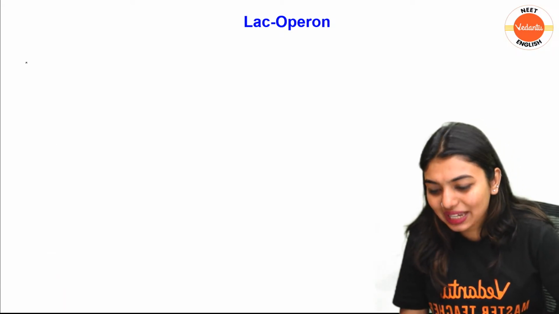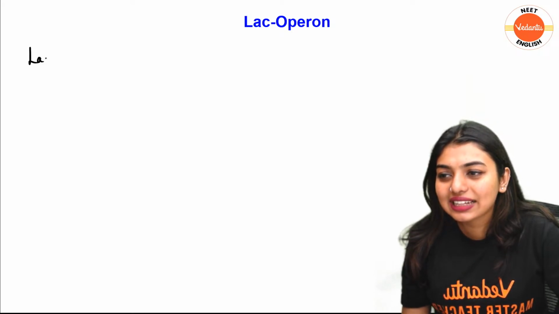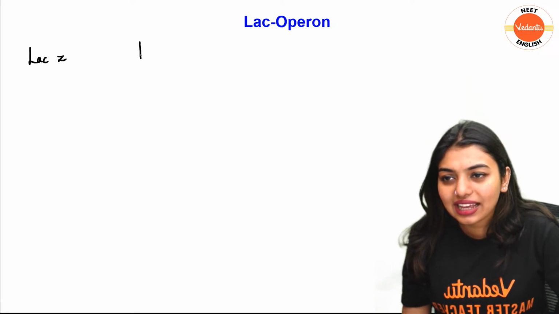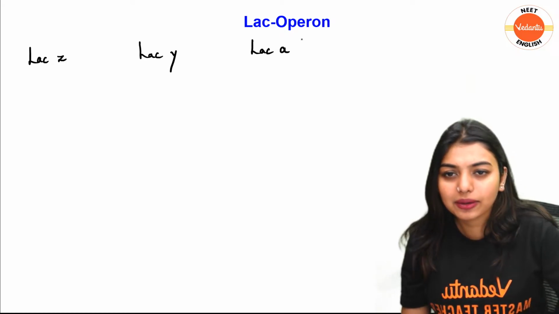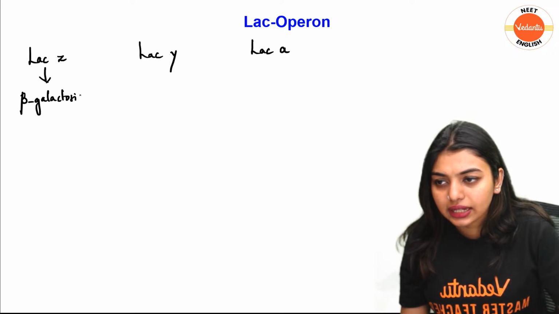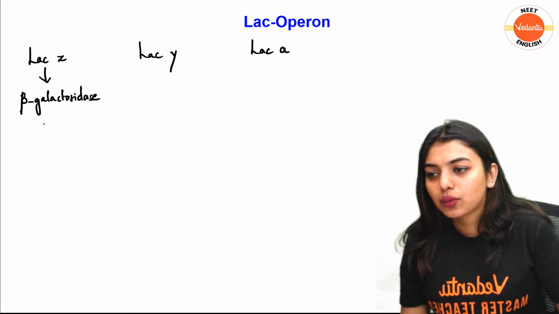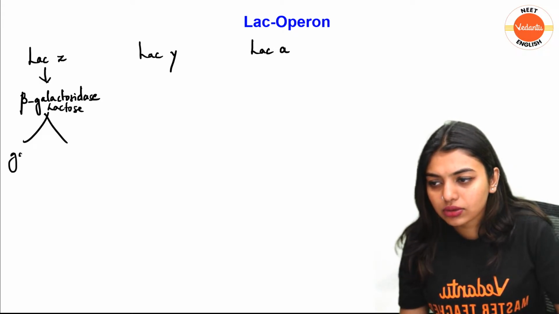Okay, it's okay, happens. So once again, let me write lac Z, lac Y and lac A. Lac Z will release beta-galactosidase, which will break down lactose to galactose and glucose.